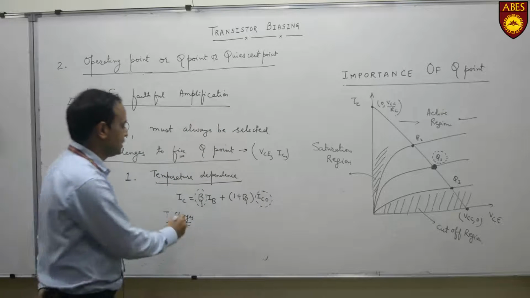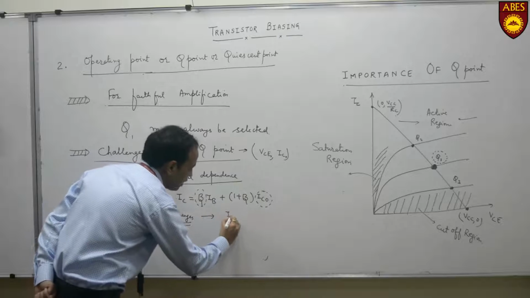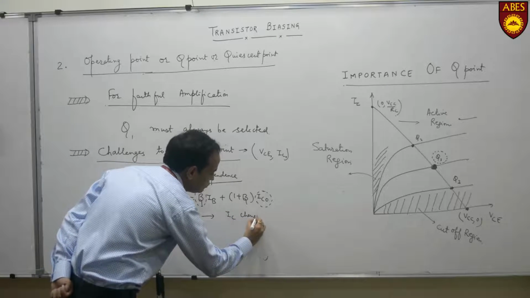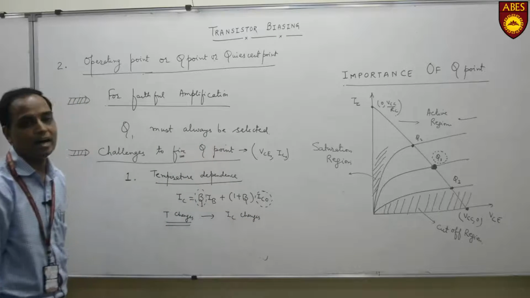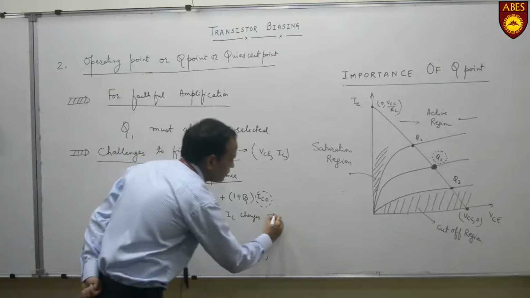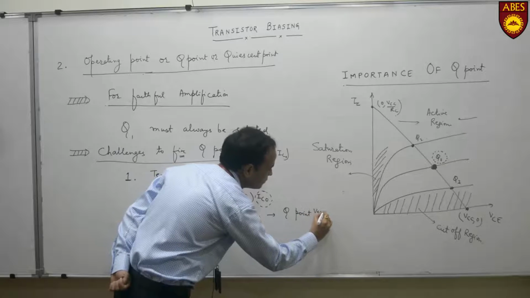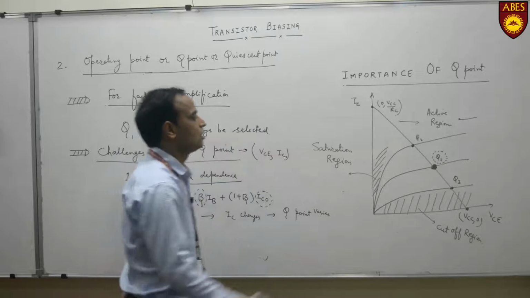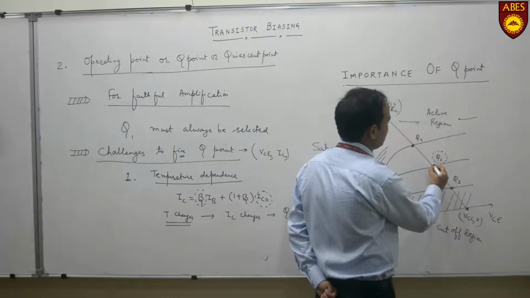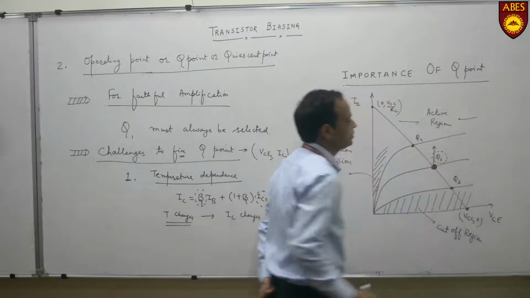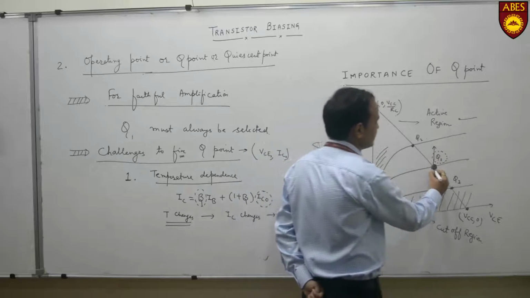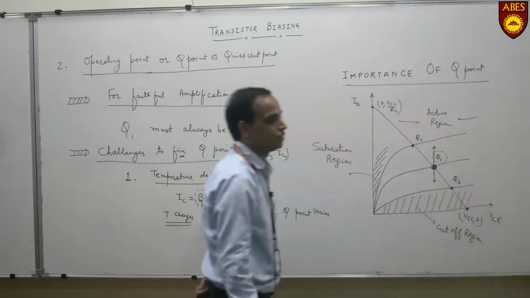When IC changes, the Q point varies. Suppose IC increases, then the Q point will move upwards. If IC decreases, then the Q point will move downwards.